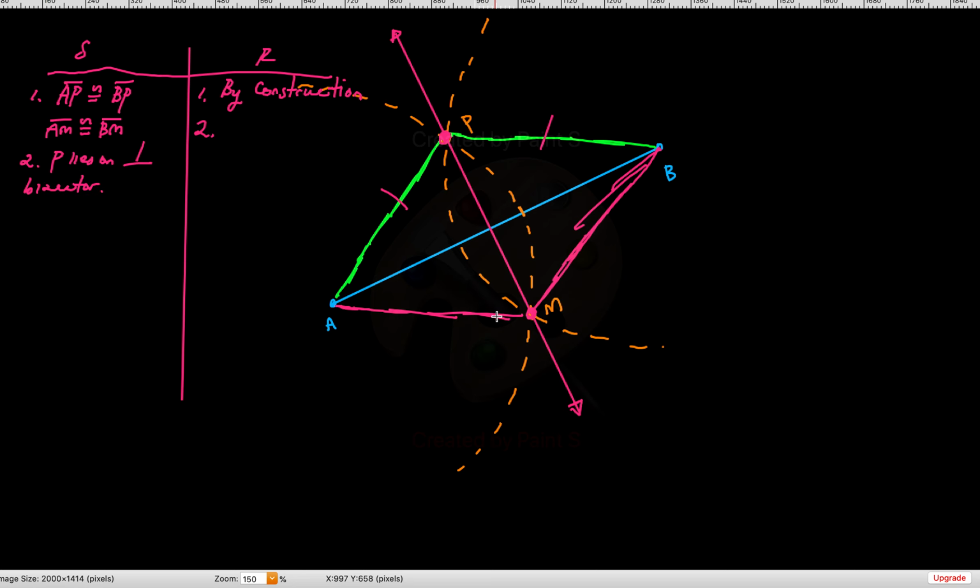And you also have that M is equidistant from A as it is from B. So M lies on the perpendicular bisector of segment AB. And M lies on perpendicular bisector of AB. And that's for the same reason. So that's perpendicular bisector theorem.